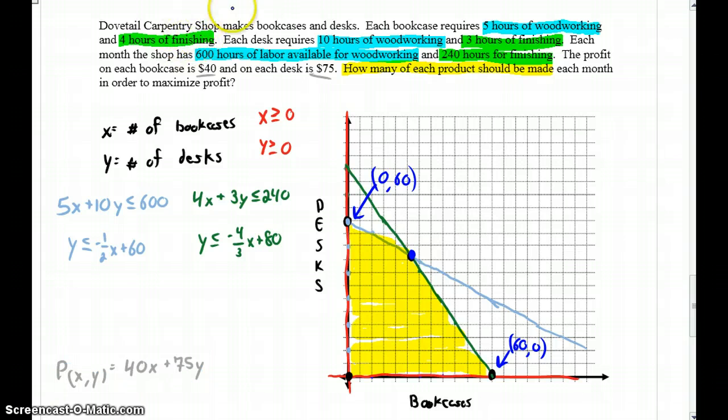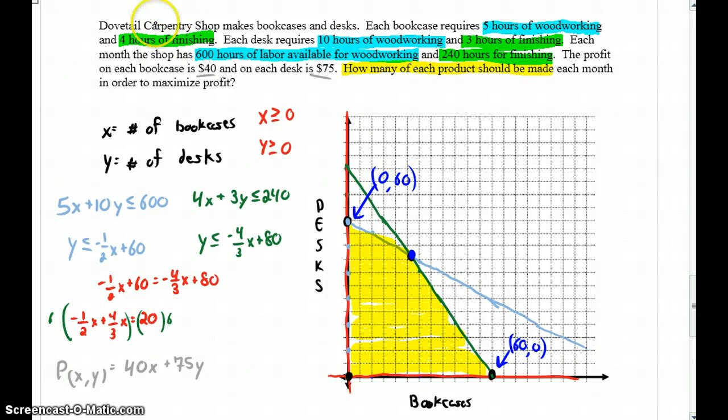And since they're both already set equal to y, I can say negative 1/2 x plus 60 equals negative 4/3 x plus 80. Getting my x's to one side, I have negative 1/2 x plus 4/3 x equals 80 minus 60, which is 20. I'm going to multiply everything by 6 to get rid of those fractions.